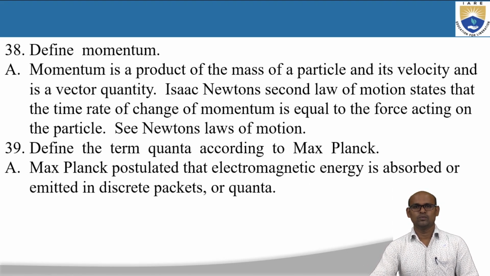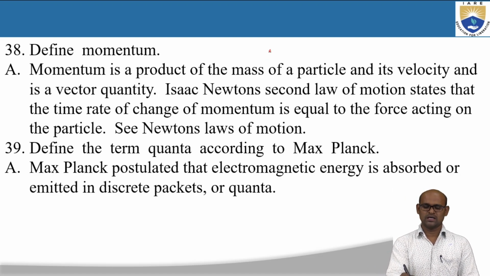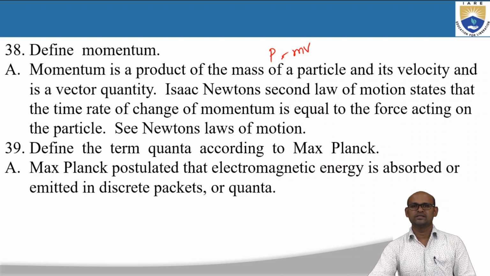Define momentum. Momentum is a product of the mass of a particle and its velocity. So basically p is momentum, which is product of mass into velocity, and is a vector quantity. Isaac Newton's second law of motion states that the time rate of change of momentum is equal to the force.